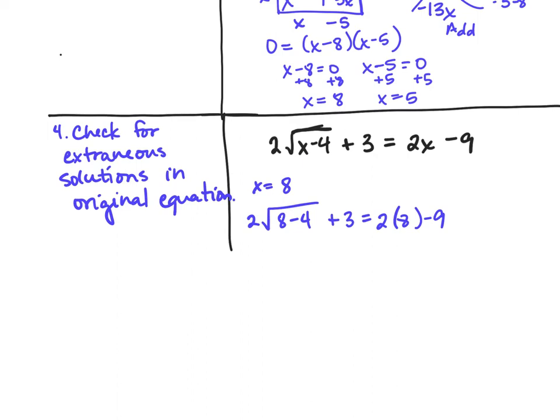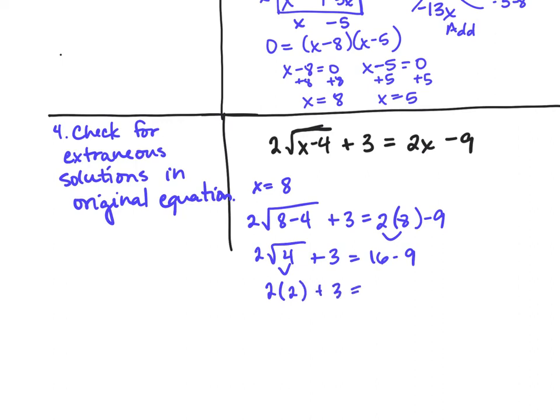And then I just need to evaluate. Don't use your solving steps here because you will square things and you won't catch extraneous solutions. So I've got 2 times the square root of 8 minus 4, which is 4. Drop down the 3. 2 times 8 is 16 minus 9. 2 square root of 4 is 2. So once I take the square root, I can get rid of that square root sign.